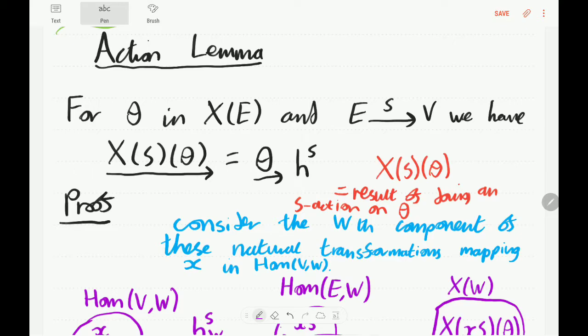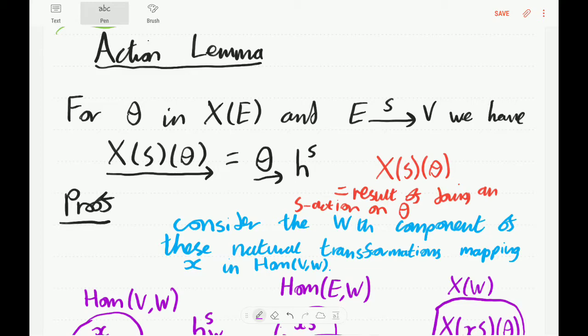We can think about how E elements get moved around by those natural transformations, and the natural lemma tells us how to think about that in terms of this arrow-centric, Yoneda-based viewpoint. So this action lemma and the upcoming natural lemma are really results of my own invention, but they easily fall out of the naturality of this isomorphism behind the Yoneda lemma.